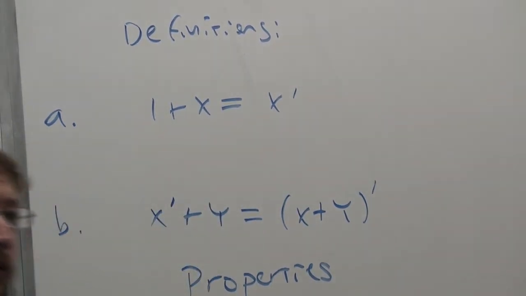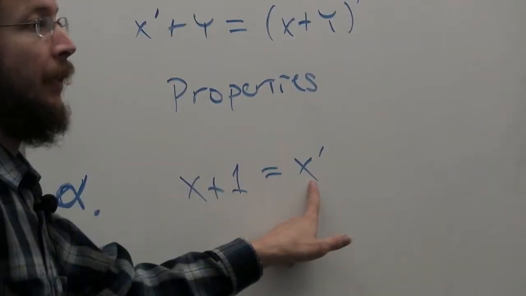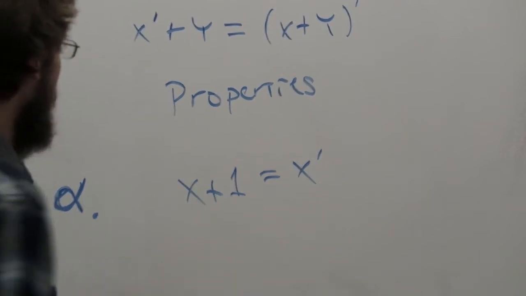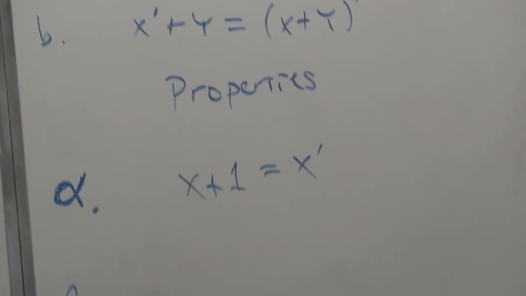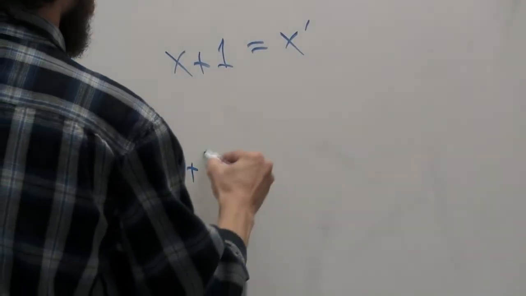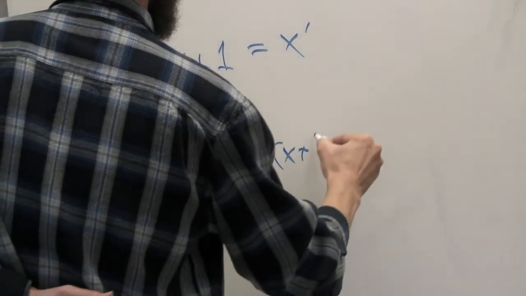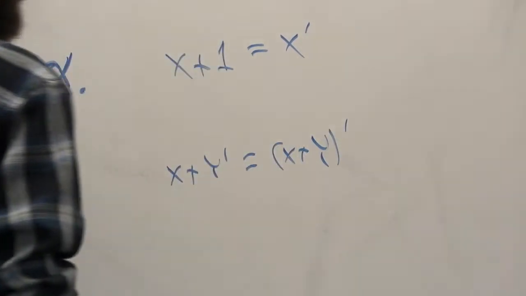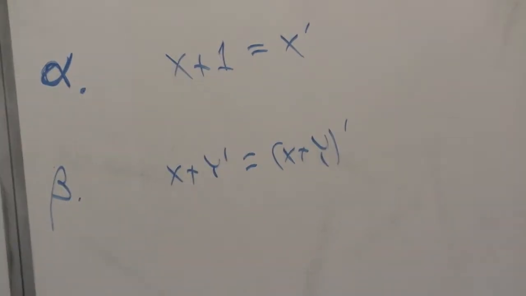We went through a proof that verified that yes, if you have them in the reverse order, that's still going to give you the successor to x. And beta, this other property that we proved, says, what if you have x plus a successor to y? Is that going to equal x plus y successor? We went through the proof and verified that yes, that definitely holds as well.